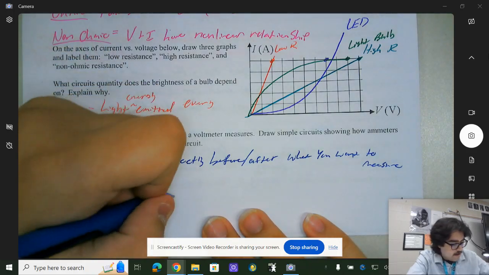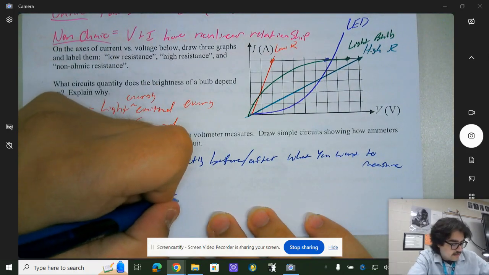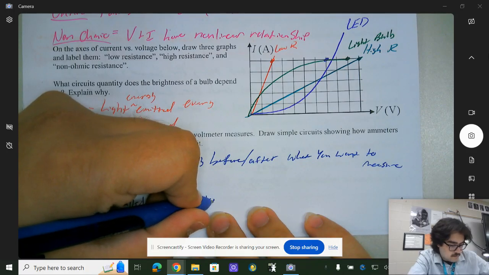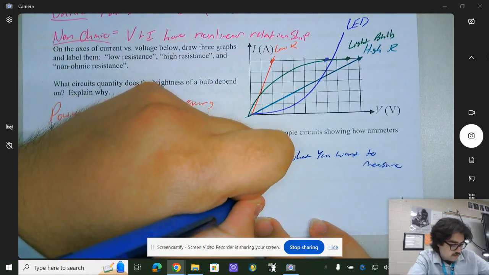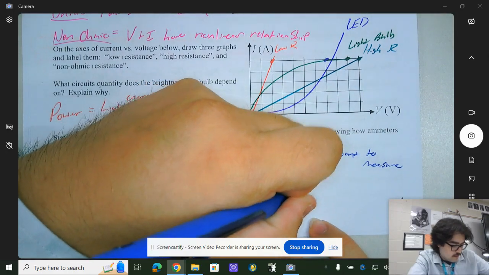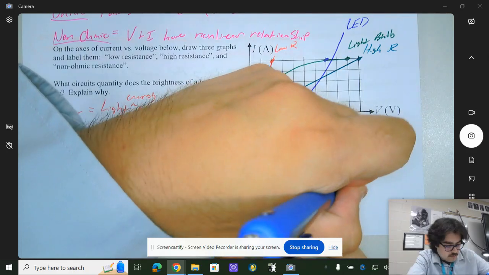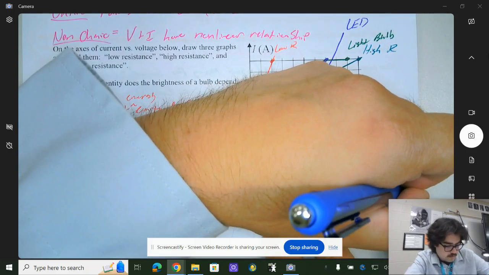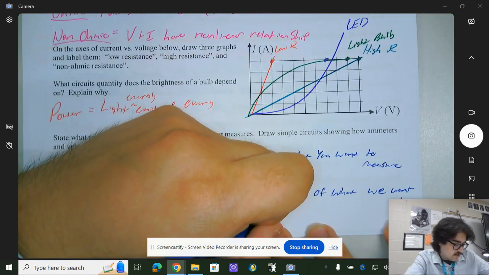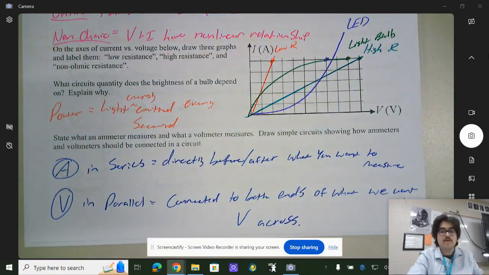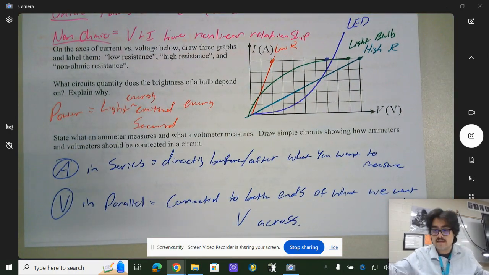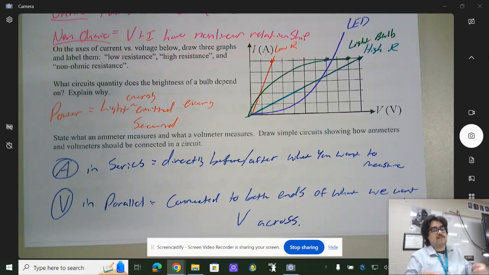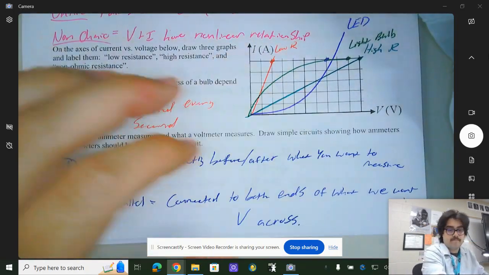If it's in parallel, it needs to be connected to both ends of what we want the voltage across. In the lab, you connected it to both ends of the resistor, and you saw the voltage across the resistor. Great, good job.